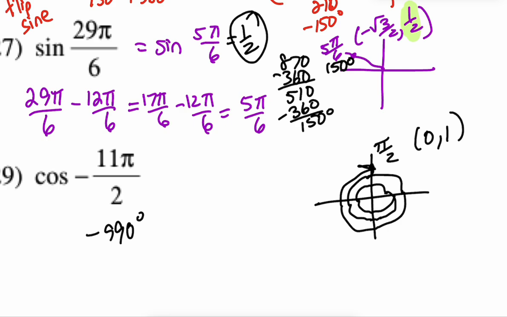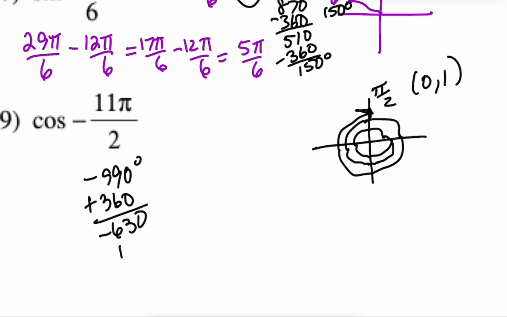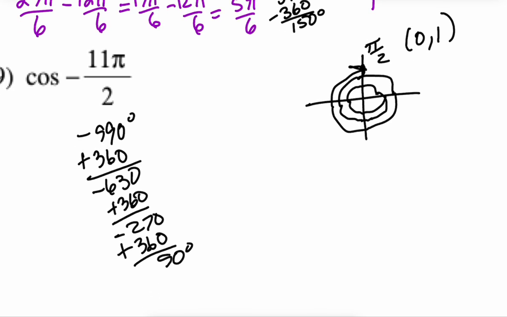Now, we could use the trick if you add 360 until you become positive. We would have to just add it a few times, I think 3 times total. And then the last time it does show you we do get to 90 degrees.